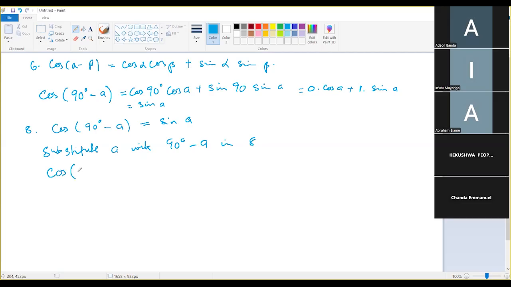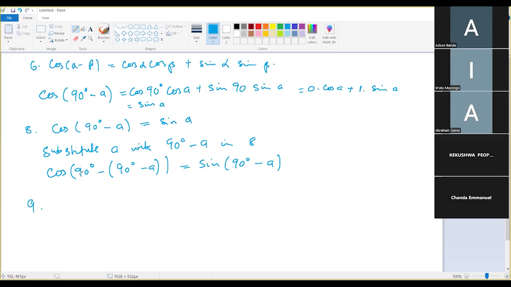So we have the cosine of 90 degrees minus 90 degrees minus A. So where there is A, we just put 90 degrees minus A. And this is equal to sine of 90 degrees minus A. Right, so what we see in this case is the identity number 9, which we are going to get.